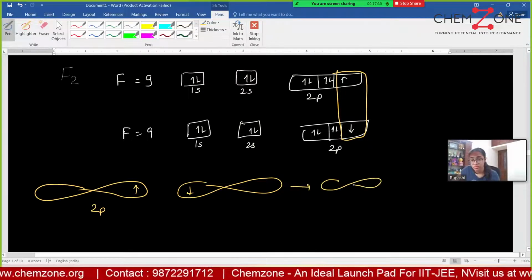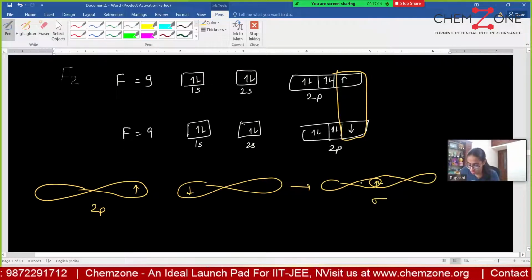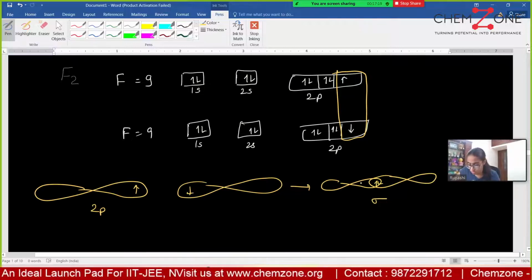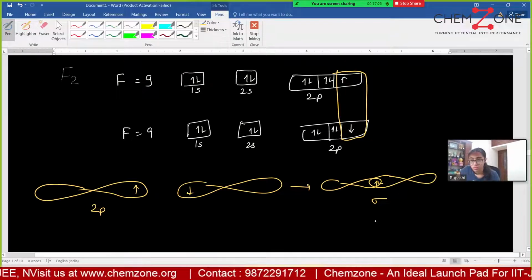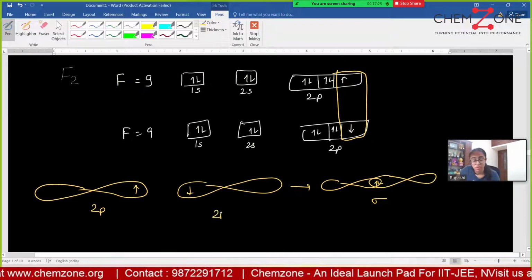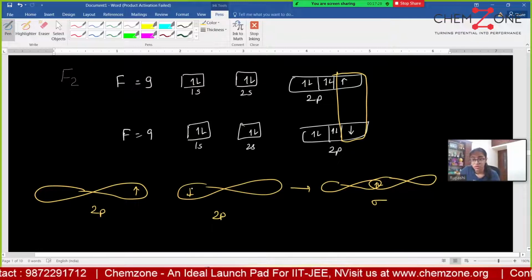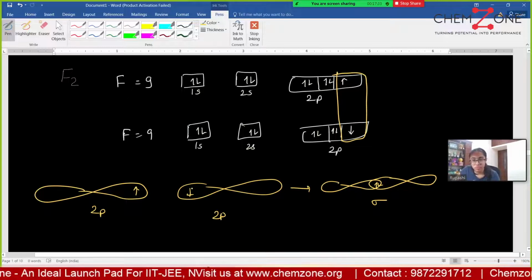They undergo head-to-head overlapping and form a sigma bond. Got it now? Sigma and pi bond. Sigma bond between 2p and 2p. Pi bond I have not taught yet.